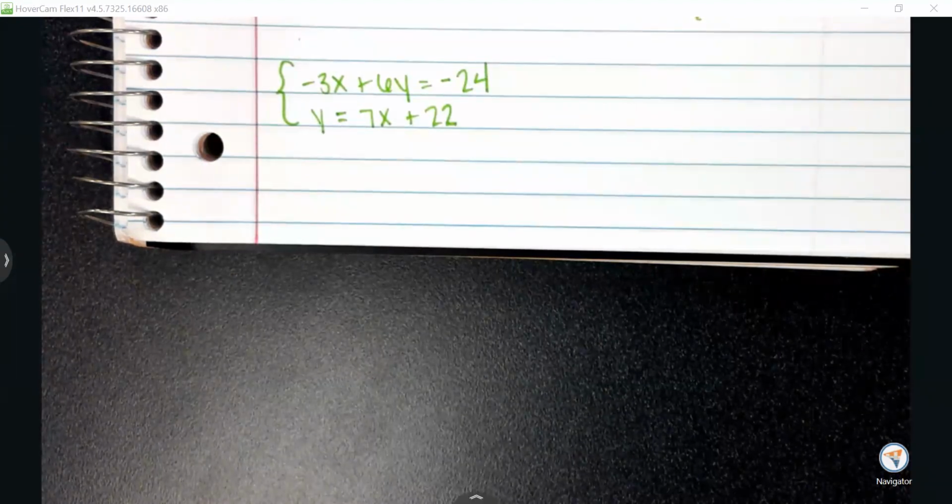So where it's 7 times negative 4. Negative 20. What x equals, what y equals.